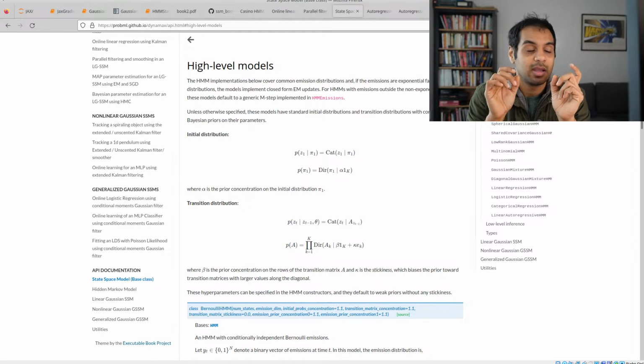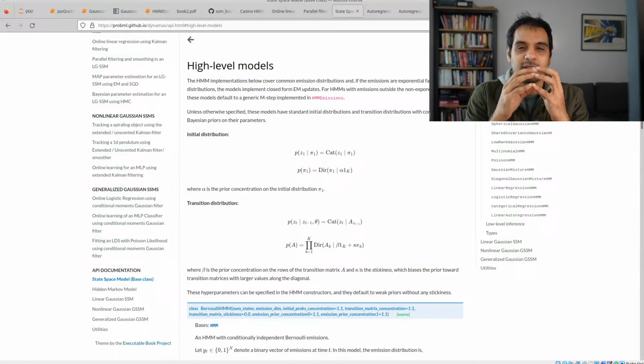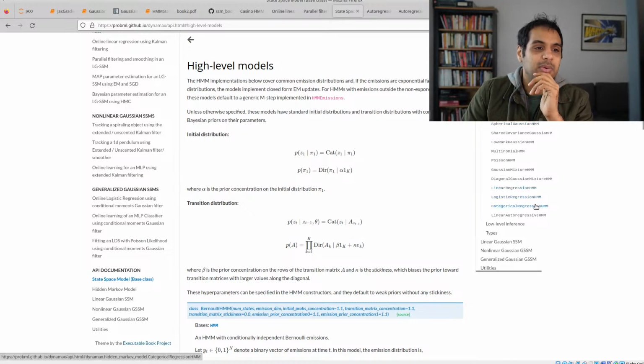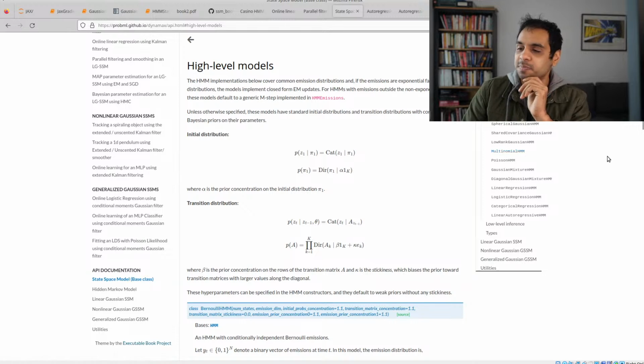And so the specific question I believe you're asking is, can we have an HMM that switches states between different likelihoods, which is like a mixture model? I will try and find an example. It's an excellent question, and I wish I had a better answer off the top of my head.